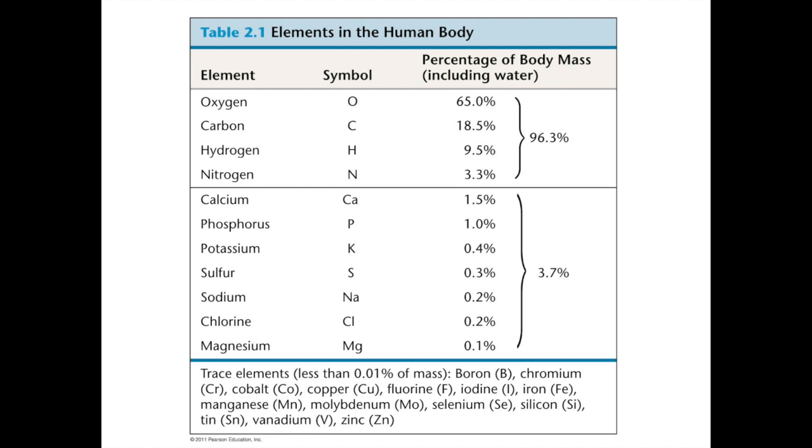And hydrogen is only 9.5%, but hydrogen is much, much lighter than oxygen. And then you can see close to 20% of your body mass is carbon. So it's very important to the bodies of living organisms, and you're going to see why.